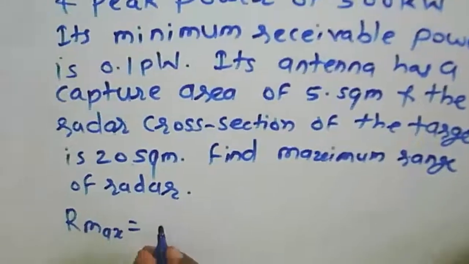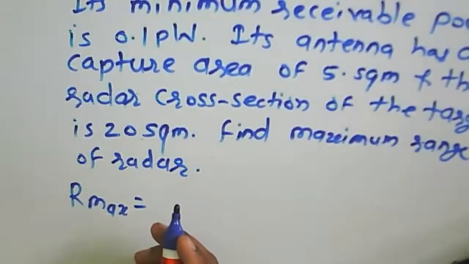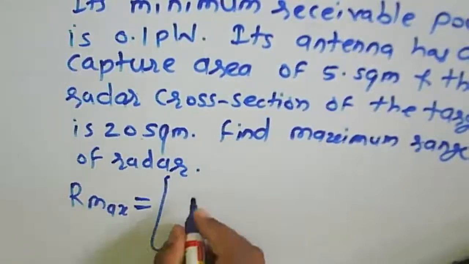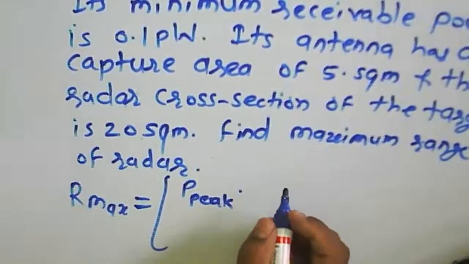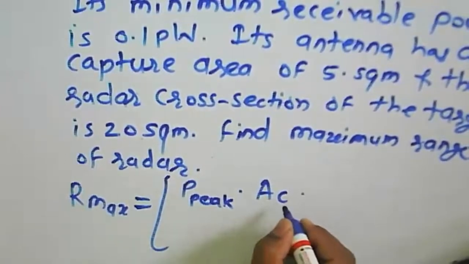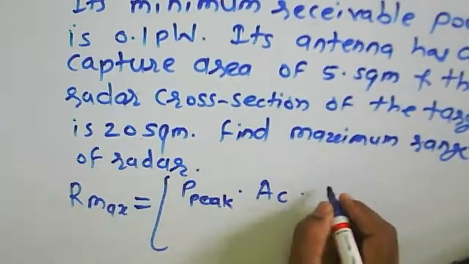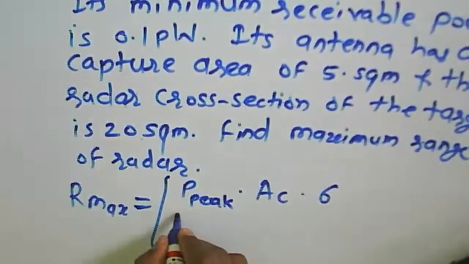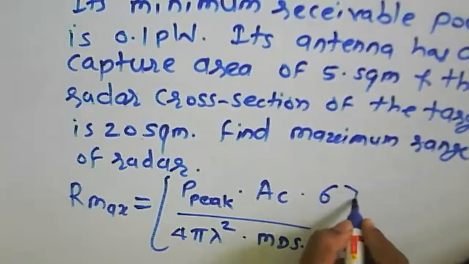R max is equal to the peak power, into the capture area Ac, into the radar cross section of the target, sigma, which is 20 square meter, divided by 4 pi lambda square times the minimum detectable signal, all raised to 1 by 4.